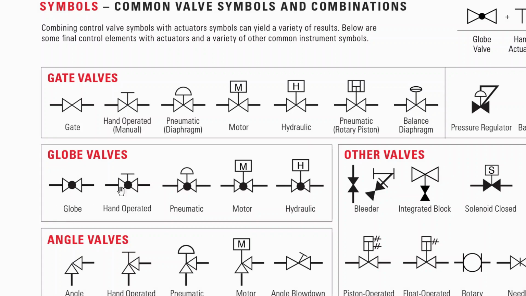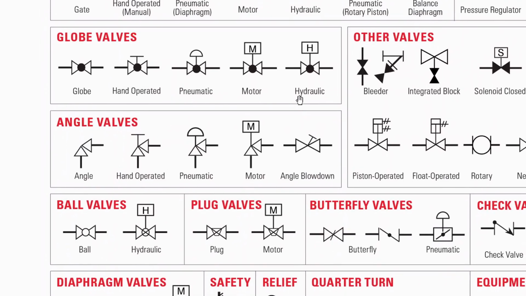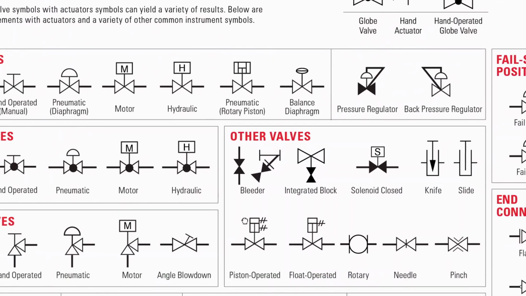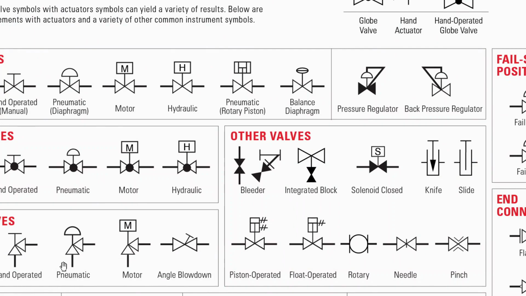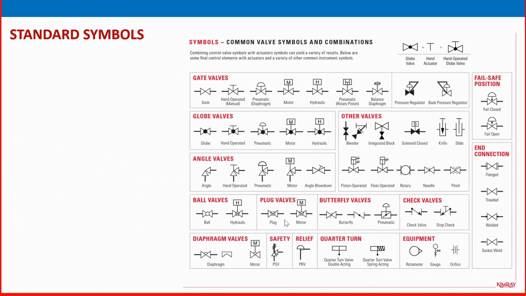See globe valve, hand operated, pneumatic, motor. Like this, see angle, all different types of valve, ball valve, hydraulic valve, plug valve. Here it is. Let me just have a look. Here it is. One minute.